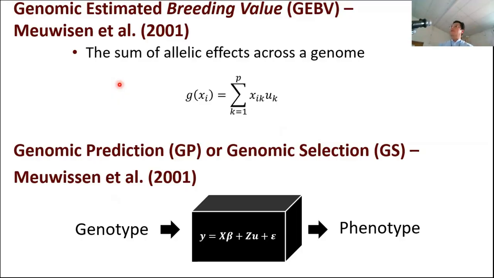So if you have markers, you can fit the effect of the markers, you sum those effects, and the sum of those effects is the breeding value, and that's what this equation states.